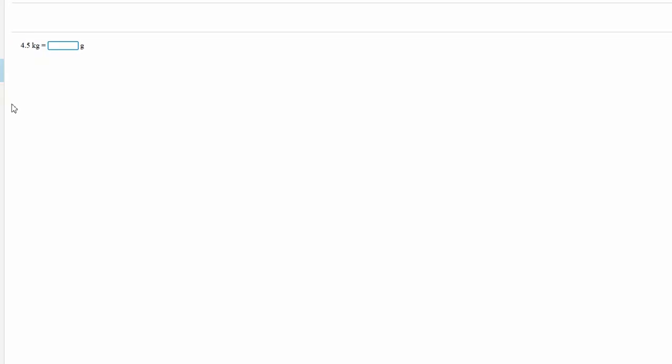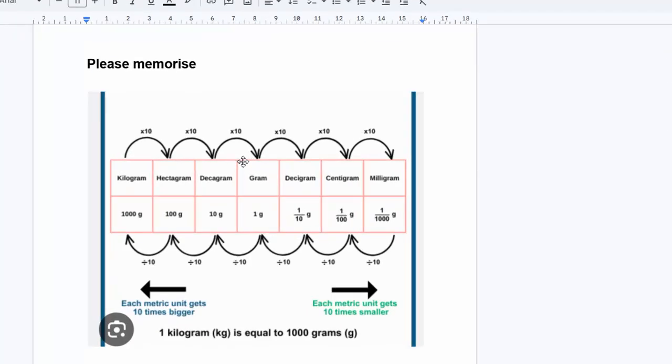4.5 kilograms to grams. Again, remember, grade 5. We're going from kilograms to grams. Whenever you go from kilograms to grams, we're going from a larger unit to a smaller unit. Let me show it to you on the PDF.